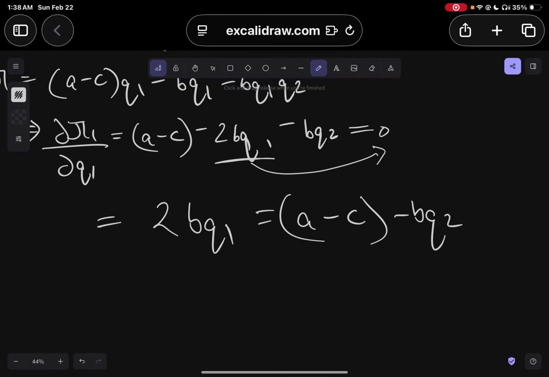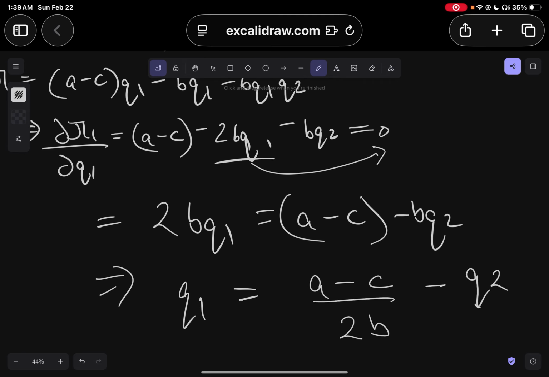Now, the purpose for this is simply to get the left hand side as q1. So q1, and we divide the whole right hand side by 2b. It will turn out to be a minus c upon 2b minus q2 by 2. B and B will cancel each other.